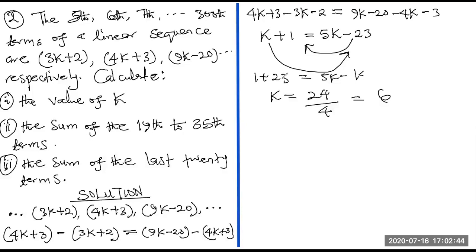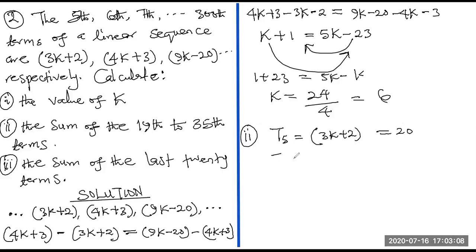What then do we do? Now, for us to solve the next problem, let us define some of the parameters that are given. Now, the fifth term was given to us, because we need the common difference and other things. The fifth term was given to us as 3k plus 2. And when we put the value of k, 3 times 6 is 18 plus 2, we have 20.